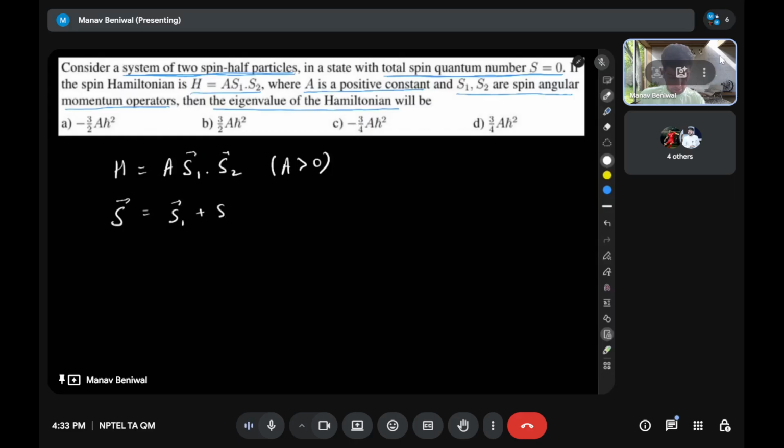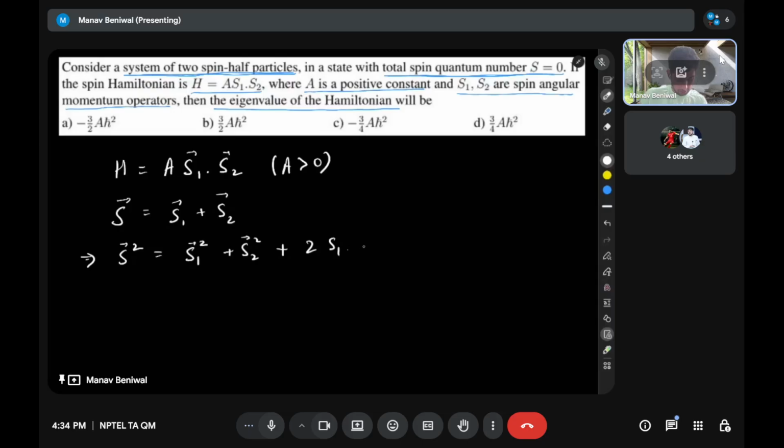This implies that S squared gives us S1 squared plus S2 squared plus 2 S1 dot S2.